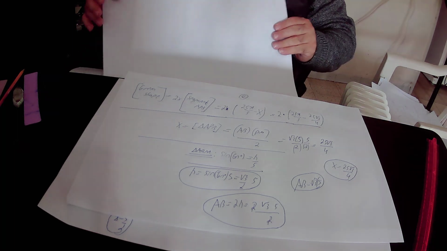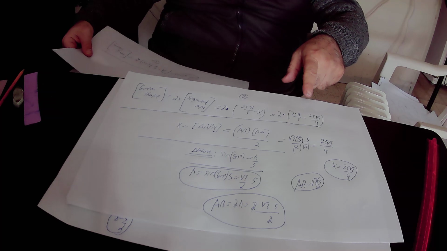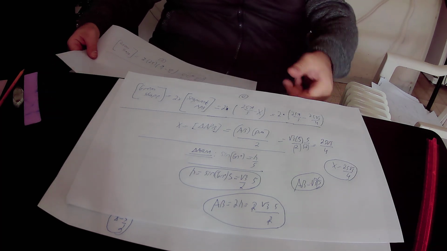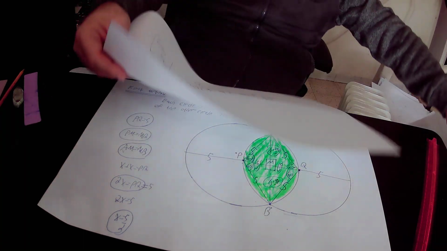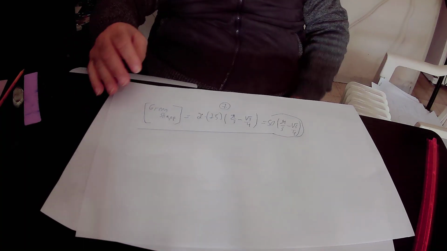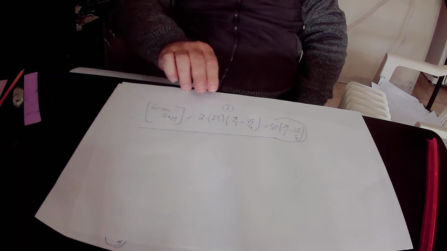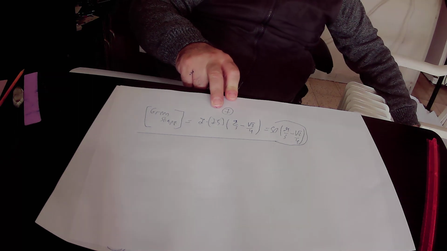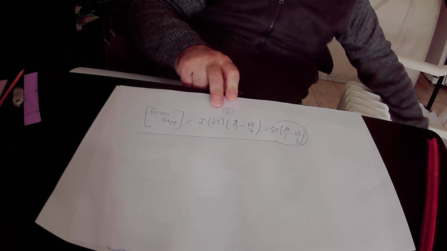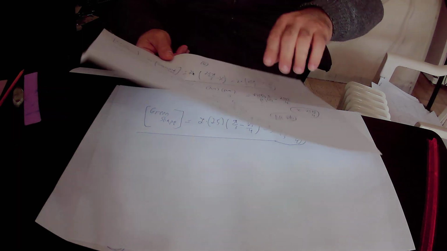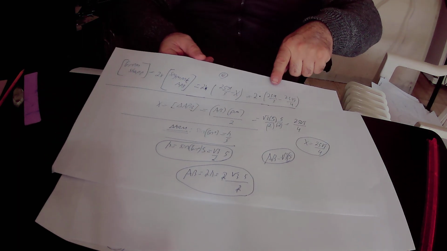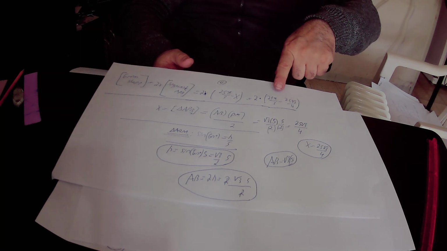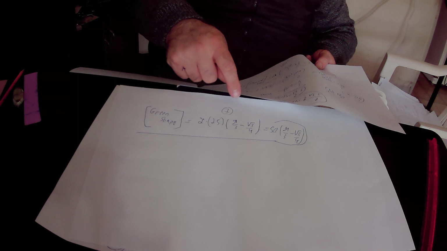So here we took 25 as a common factor out of those two expressions, and we got that the green area equals 2 times 25, and after we took 25 as a common factor from pi over 3, what is left inside the brackets is pi over 3.